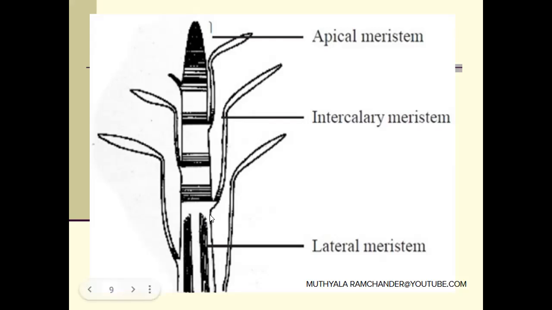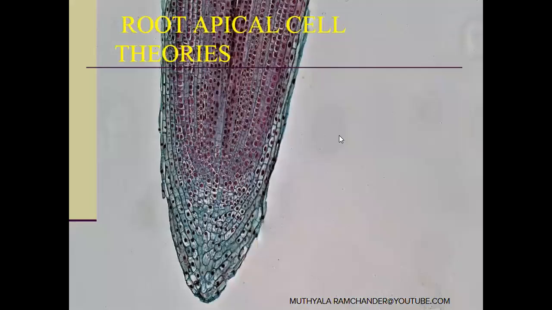And between the internodes, at the lateral parts of the shoot, lateral meristem is present. It also participates in division. It helps in increasing the width of the internode area. These are the types of meristem tissues present on the root and the shoot.